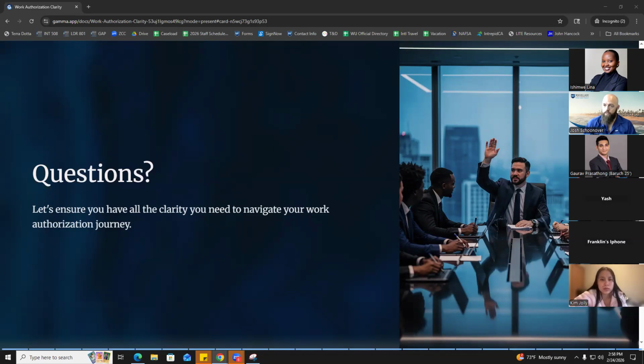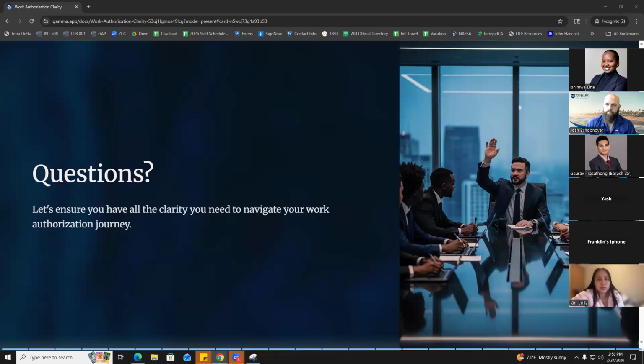Both companies would need to meet the STEM requirements. They'd both have to be STEM-related positions, the companies would have to be E-Verified, and they'd have to work more than 20 hours a week with each company. Okay, so they can do two companies or just one company? They can do two, as long as they both meet the STEM requirements. All right, thank you.